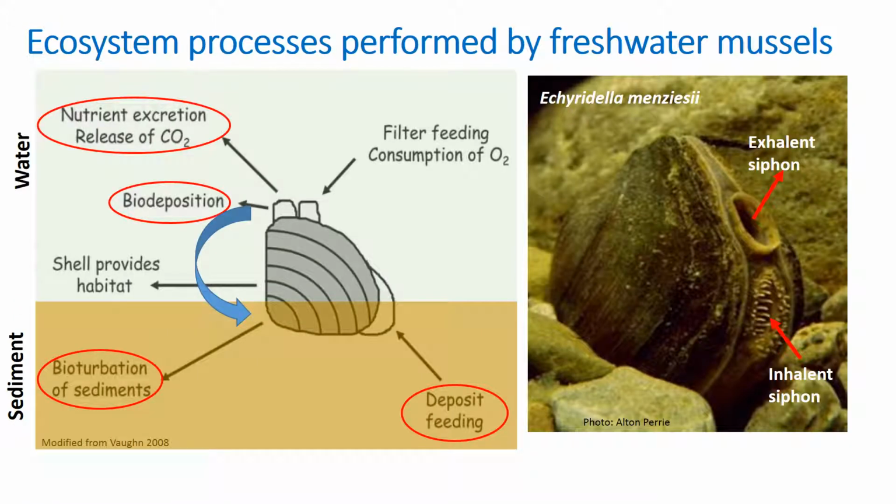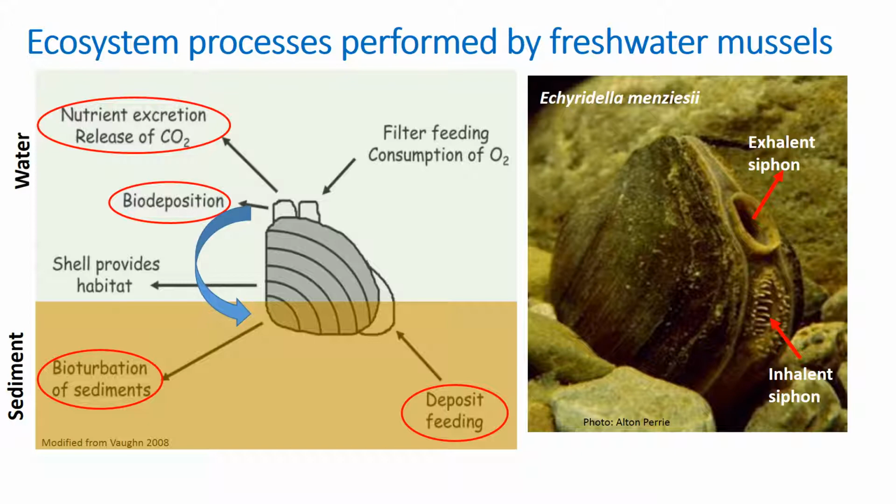So first of all, a bit of background about the freshwater mussel work. Freshwater mussels historically were thought to be common in a wide range of New Zealand lakes, and they still are in some locations, but disappearing from others. They can perform a variety of important ecosystem processes, such as firstly filter feeding, clearing the water column, also excreting nutrients and biodeposits from waste material that they've ingested, and of course those biodeposits are eventually deposited onto the sediments.